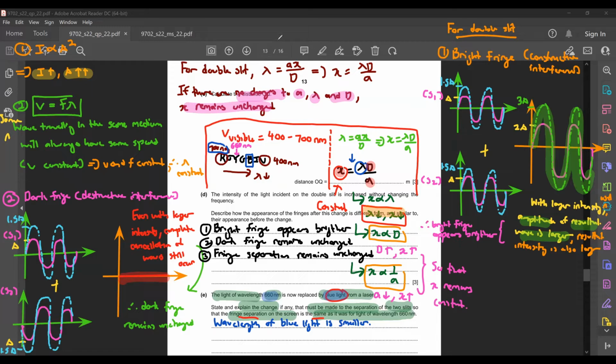So one of the things I can say here is that, if I want the fringe separation to remain the same, I would decrease the slit separation, so that fringe separation remains unchanged.